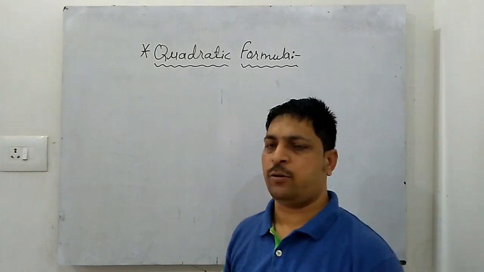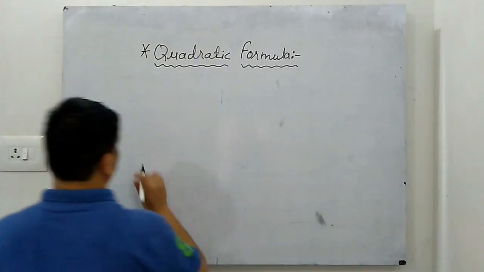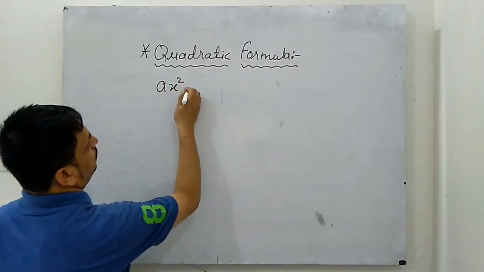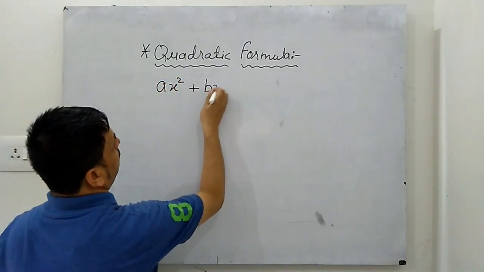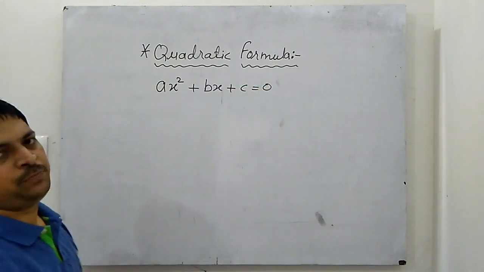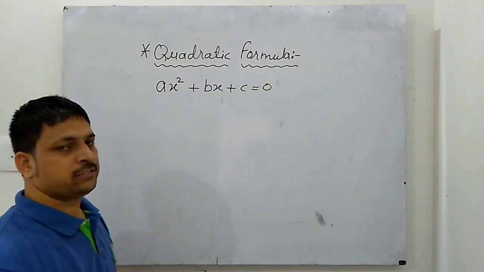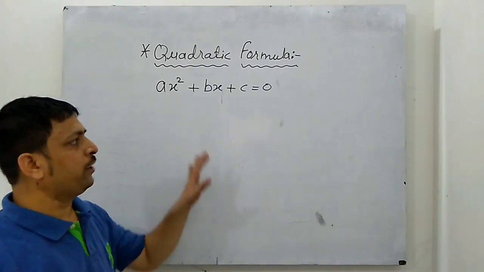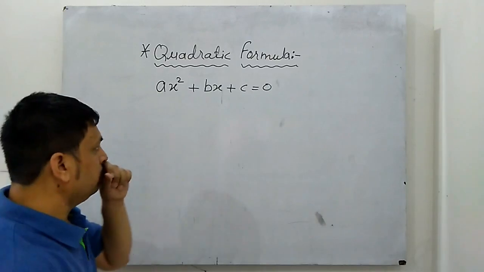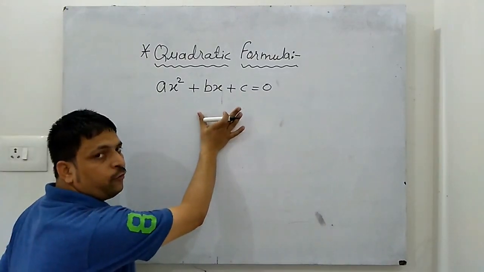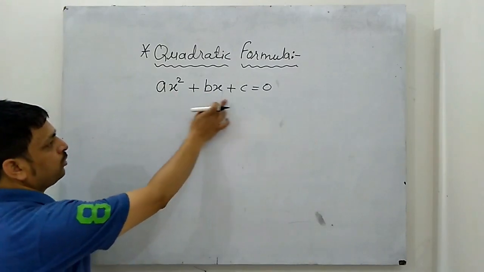So what is the formula? Listen carefully. First we will be given a quadratic equation in this form: ax square plus bx plus c equal to 0. In exercise 4.2 we had done the factorization method to find the roots of this equation. Now we will use another formula to find the roots of the equation.